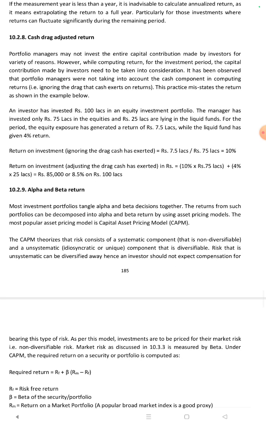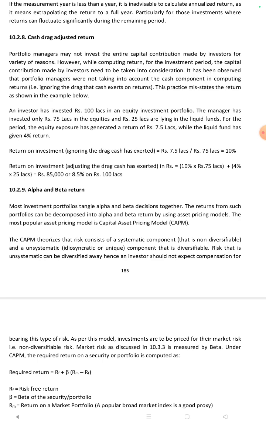Cash drag adjusted return. A portfolio manager may not invest the entire capital contribution made by the investor for a variety of reasons. However, while computing return for the investment period, the capital contribution made by the investor needs to be taken into consideration. It has been observed that portfolio managers were not taking into account the cash component in computing returns. An investor has invested 100 lakhs in an equity investment portfolio.